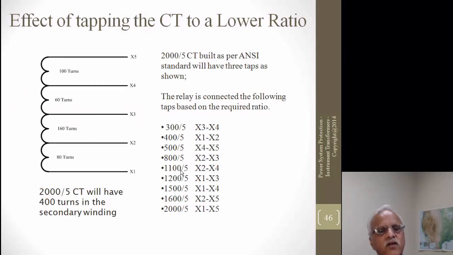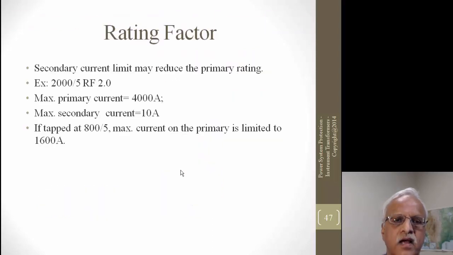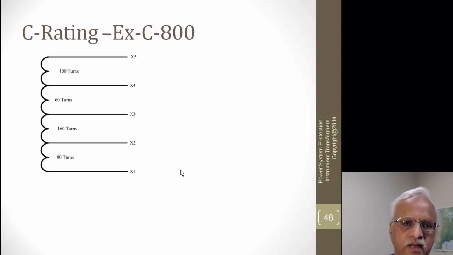You can use the full rating, but if you want to use a lower ratio, a 2000 to 5 CT can be tapped down as low as 300 to 5. And then the rating factor, if we looked at it before, if you tap it too low, then your rating factor also comes down effectively. And then now we look at the C ratings.